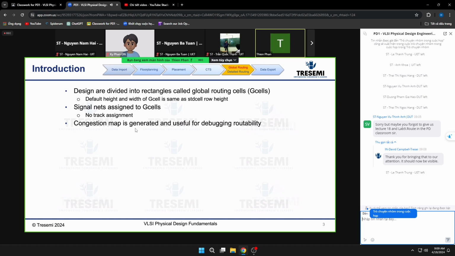So after you divide the layout into these cells, you look at the pin placement. Whatever pins fall within a certain cell, you just count how many pins are within that cell. You don't care so much about where the pin is relatively within the cell.